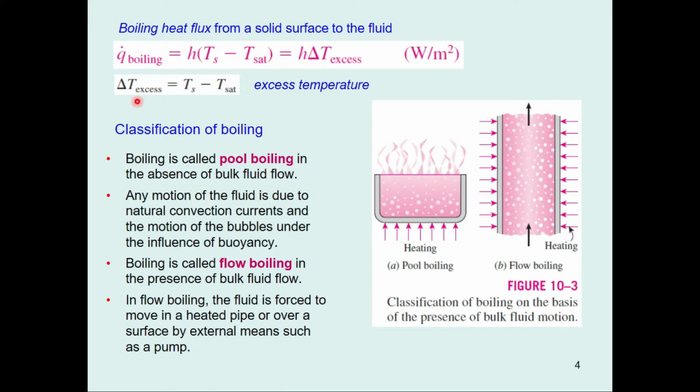This delta T excess has great importance when we discuss the relationship between the boiling heat flux and the delta T excess. We will study the boiling curve in the upcoming slide and try to develop the relationship between these two quantities.